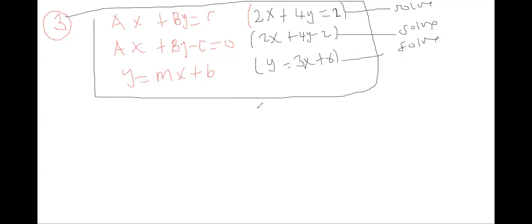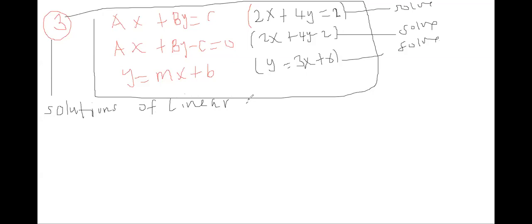When we talk about solution of linear equations like this, what it is telling us is we have to find the value of x and y. If they say find solution to an equation, they want you to find the numerical value of the variables within that equation.